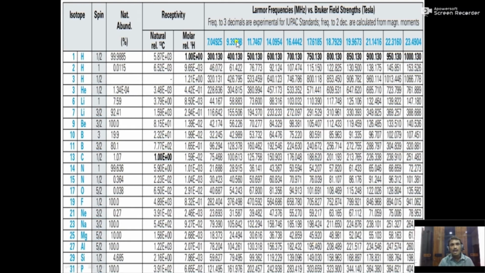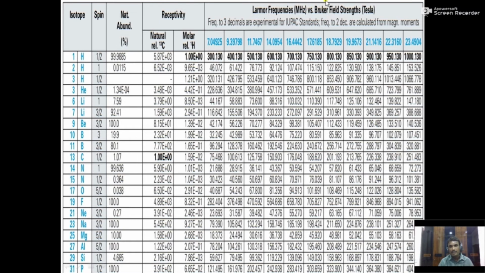here I have listed some nuclei. The isotopes are there: hydrogen, deuterium, tritium, and various nuclei like fluorine, phosphorus. Here the Larmor frequencies in megahertz are correlated with the Bruker field strength, that is the magnetic field strength.